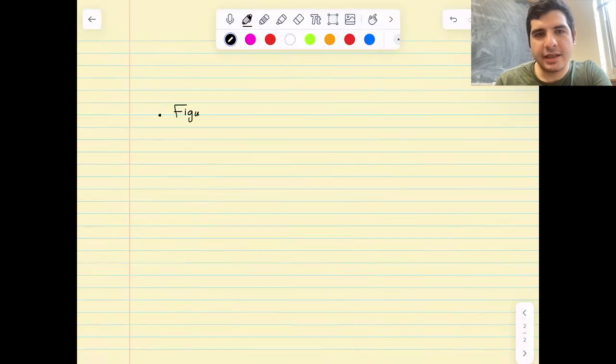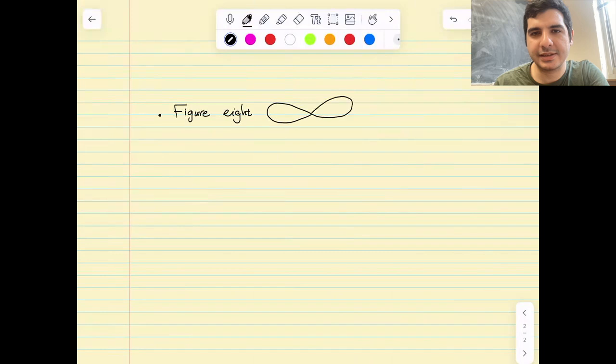Okay, let's look at another example, figure 8, by which I mean this curve which has a self-intersection point, the one-dimensional thing. If we pick any generic point x, again, if you look at the small neighborhood around that, that neighborhood looks like an interval inside R. So you might wonder if it's a one-dimensional manifold or not.